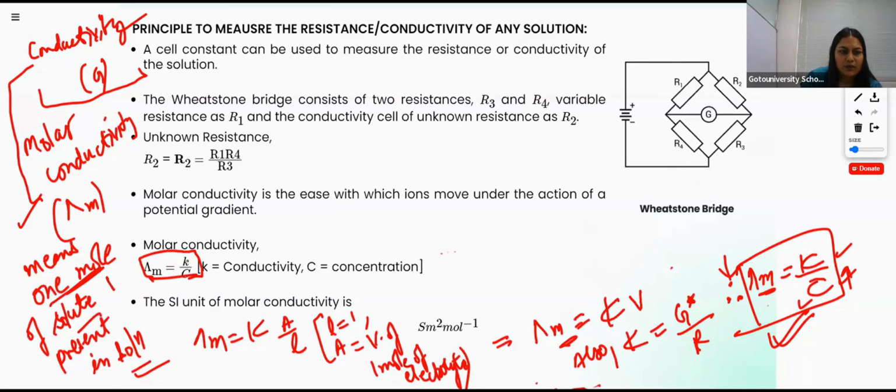Now, if we increase the concentration of solute in the solution, obviously concentration will increase, and as molar conductivity has an inverse relation to concentration, the molar conductivity of a solution will decrease with the increase in concentration, right?